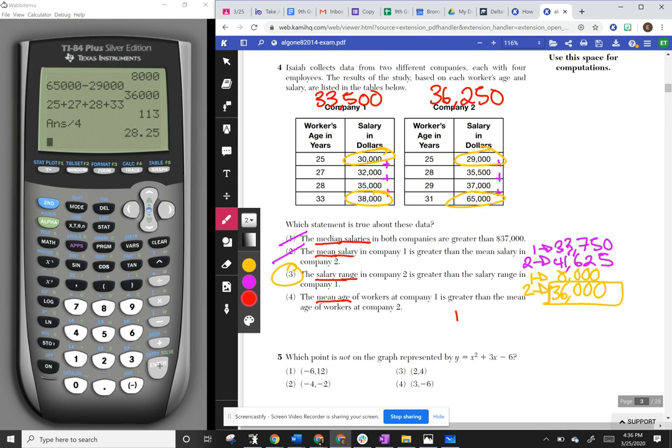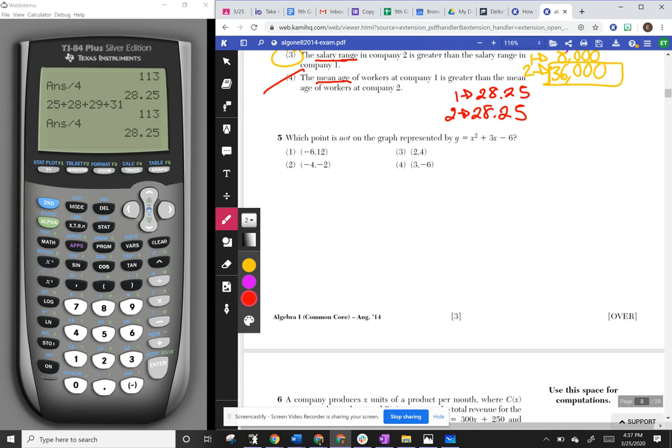So the mean age for company 1 is 28.25. And for company 2, add up all 4 data points and divide by 4, we get the exact same thing, 28.25. So one is not greater than the other. They're exactly the same. Our answer is 3.